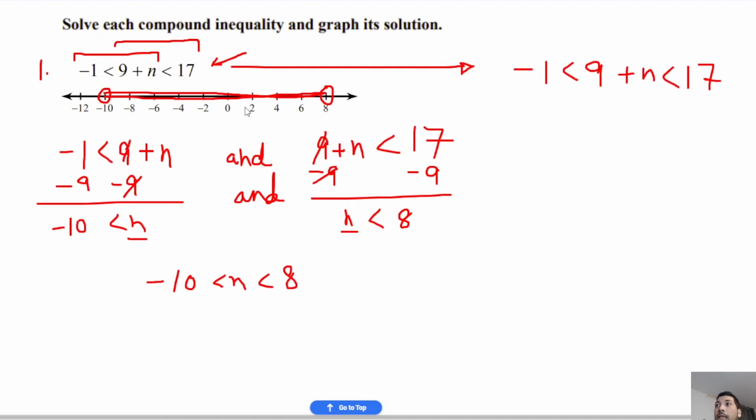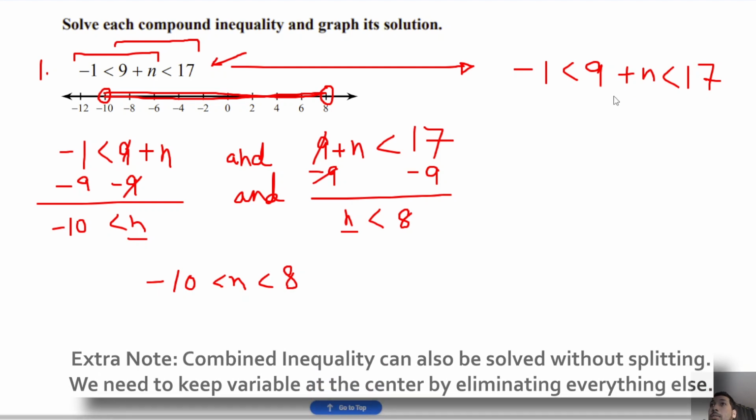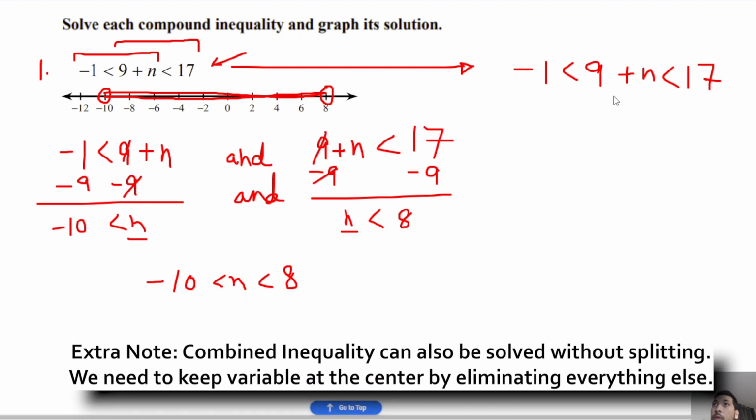So this kind of inequality can also be solved without separating these two inequalities. So we need to find a way to get n at the center, since solving the inequality means having a variable with a coefficient of 1. So I just need to get n by itself. So in this case, I see that I need to remove this 9. And to remove this 9, I just need to subtract 9 from here.